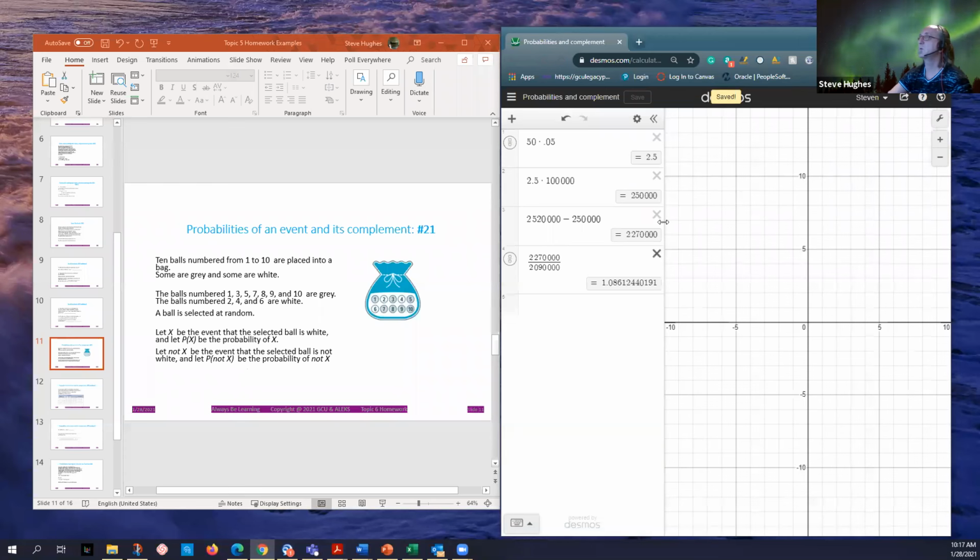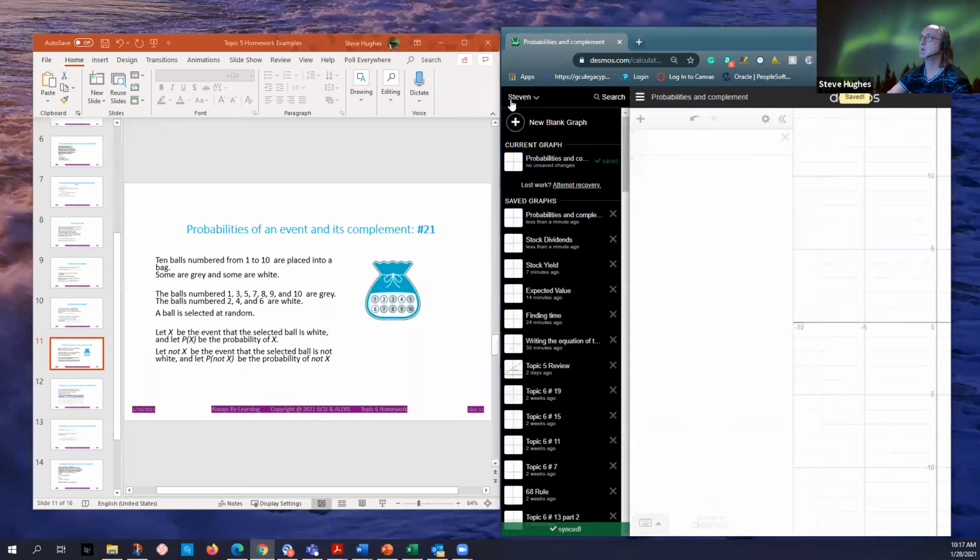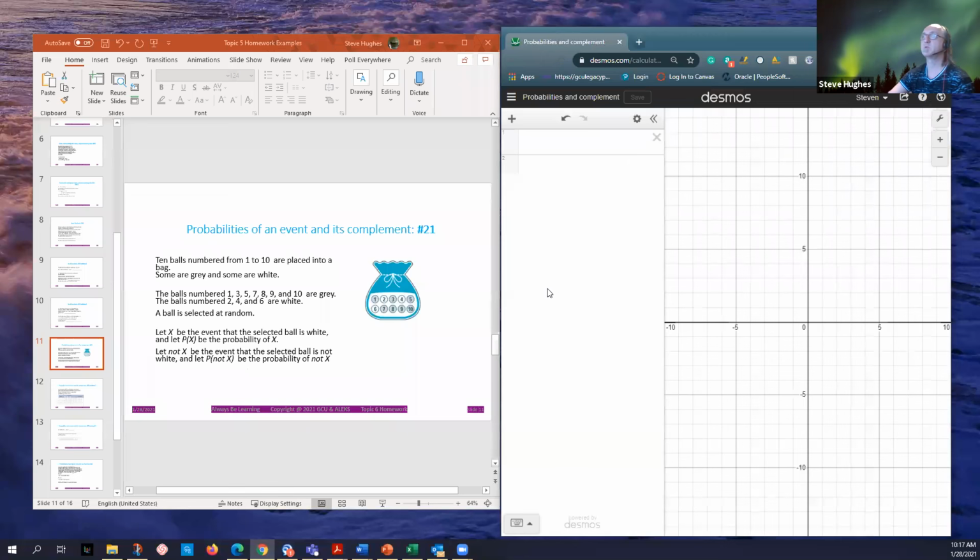Just in case you guys are curious, if I go back to this again, all the things I just used are right there: stock dividends, stock yield, expected value, finding time, writing equations. Okay. So coming back now.